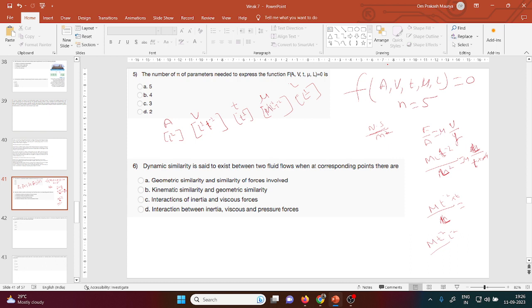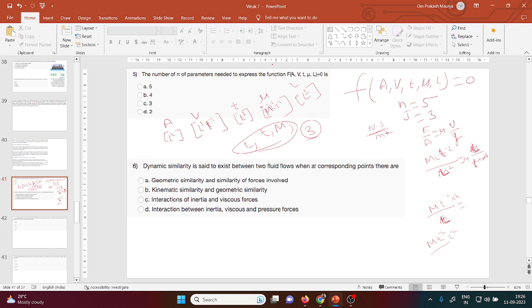So how many primary dimensions are required? How many primary dimensions are here? One L is there. Okay, T is also here, and mass is also here, that is the M. So here it is 3. Your N value is how much? 5, and J value is how much? 3.